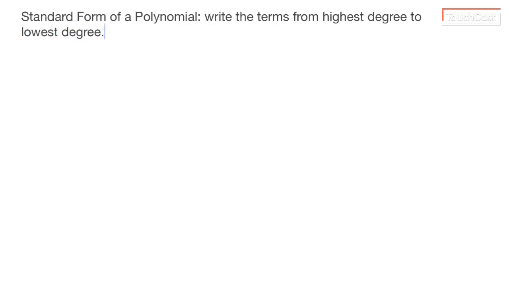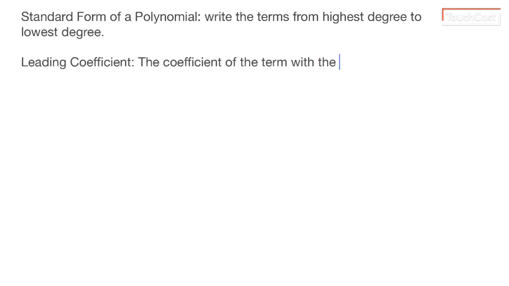That's it. And then the other term is the leading coefficient. It is the coefficient of the term with the highest degree.